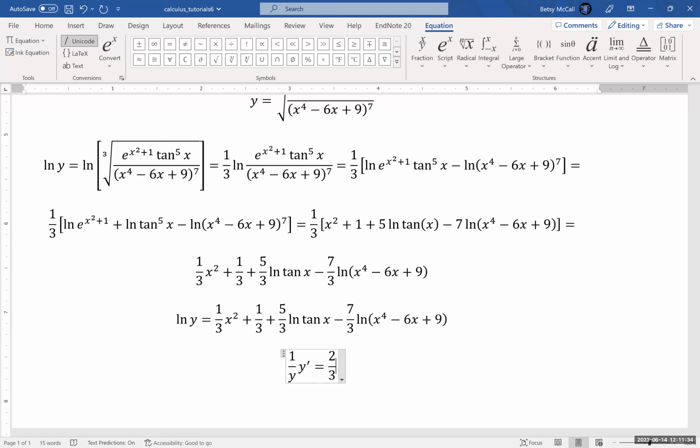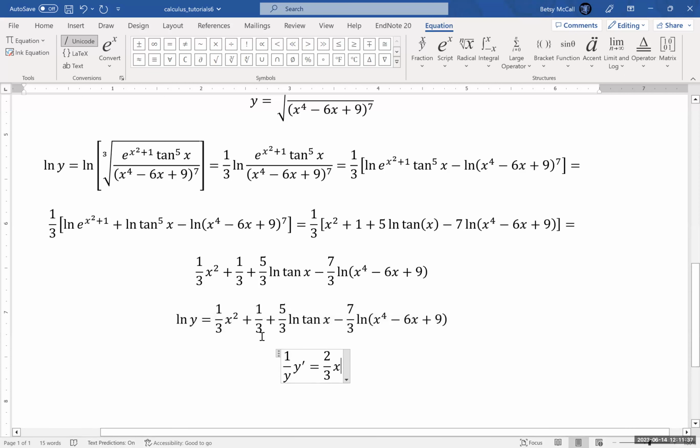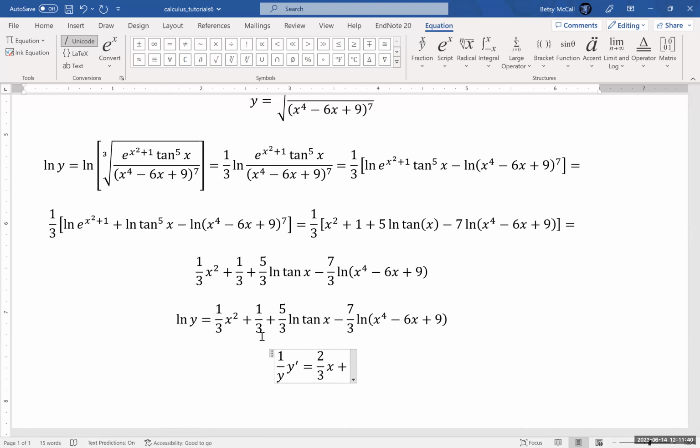That'll give us 2/3 x. The 1/3 derivative is 0 plus 5/3 log of tangent is going to be 1 over tan x times secant squared x minus 7/3, and then 1 over x to the 4th minus 6x plus 9 times the derivative, which is 4x cubed minus 6.